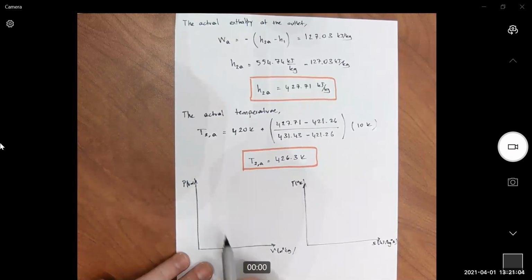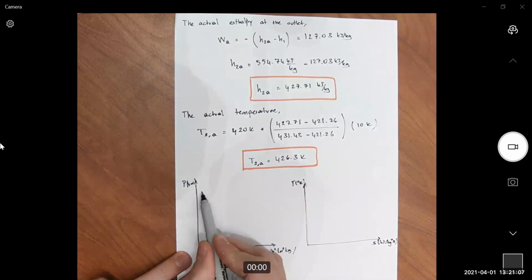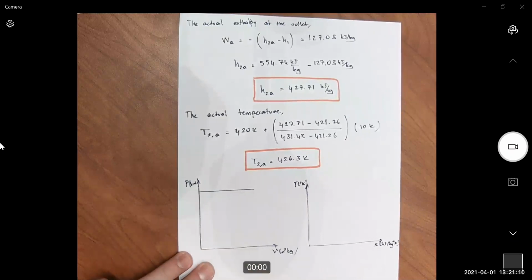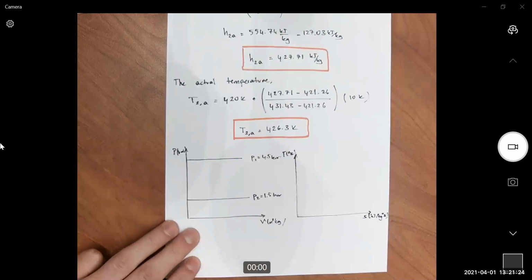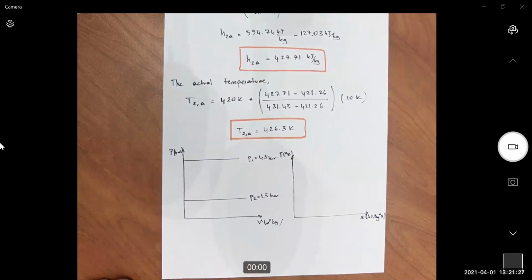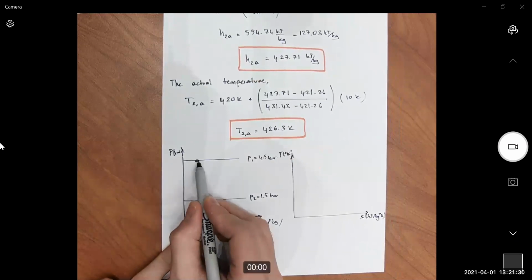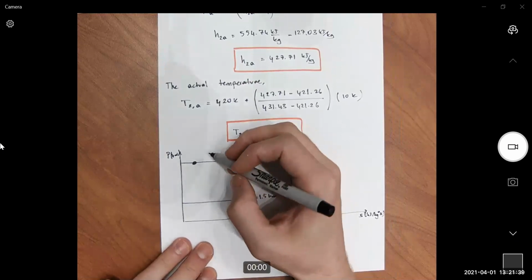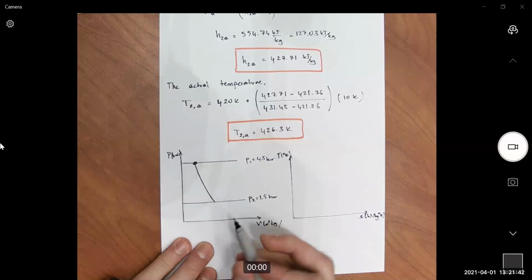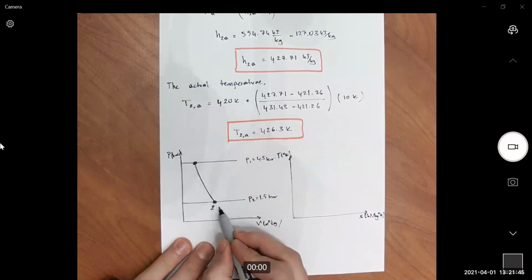So at the inlet, P1 equals 4.5 bar, and at the outlet, P2 equals 1.5 bar. At the inlet, state 1, I have the ideal case, 2S.